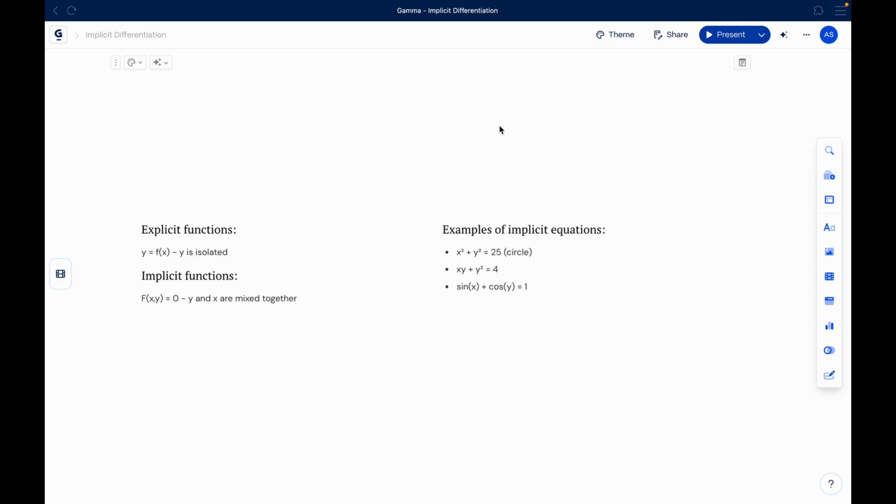Now, what is implicit differentiation? It's where you're differentiating implicit functions. So, explicit functions are stuff like y is equal to f of x, where y is isolated. But implicit functions are some function of x and y equal to 0, where x and y are both mixed together.